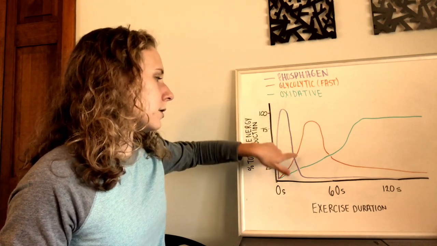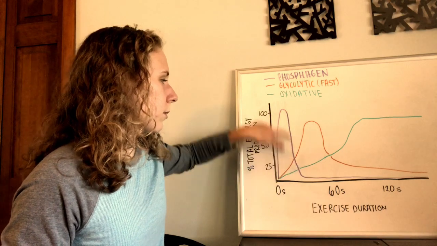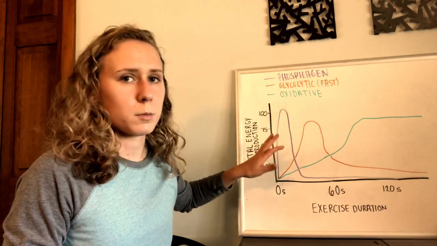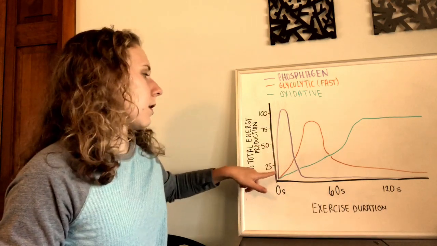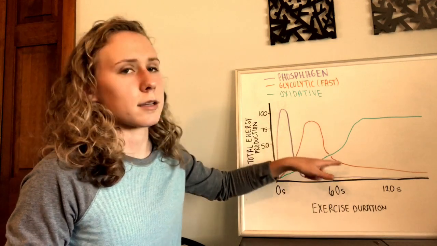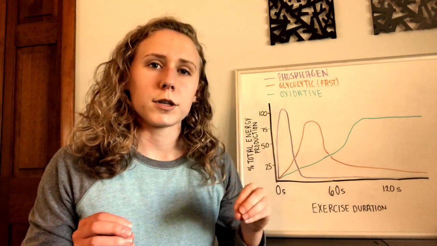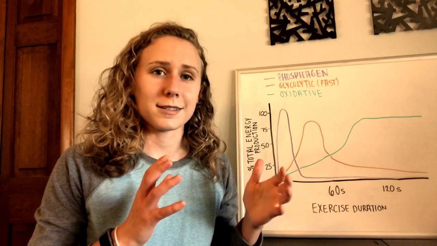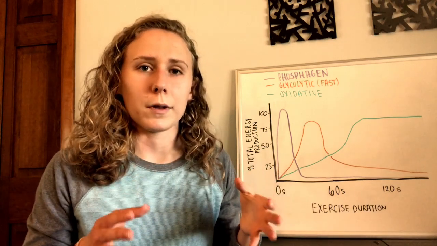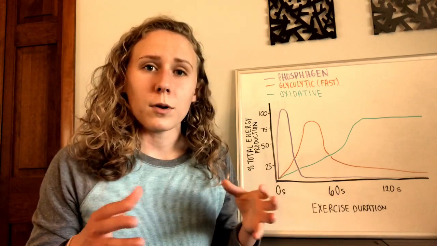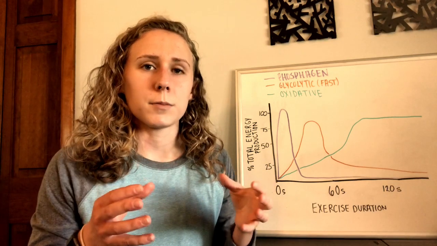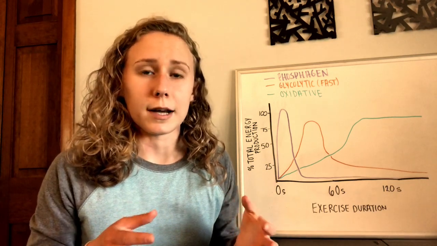And as that starts to deplete after like 10, maybe 15 seconds, the glycolytic system kicks in, and that's broken down into 2 sections. The fast glycolytic system, which as the name implies, responds quickly but only supplies the body with energy for up to about 30 seconds.